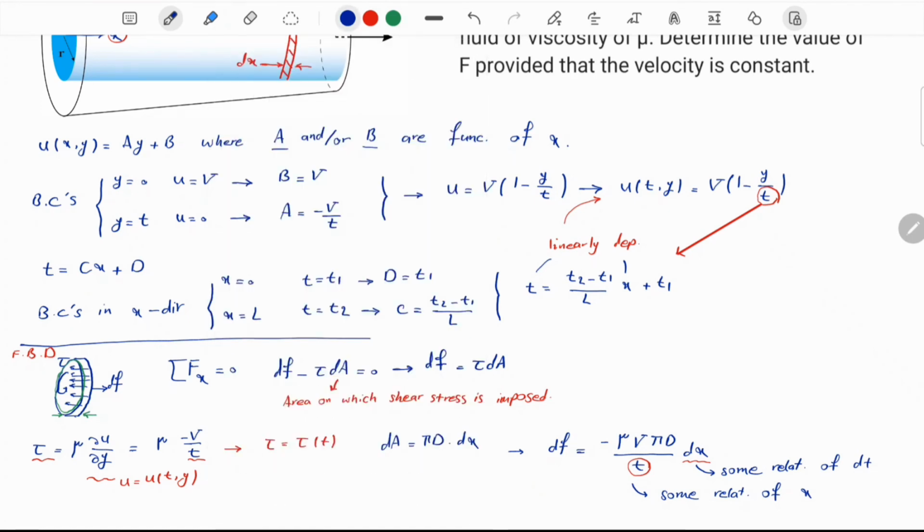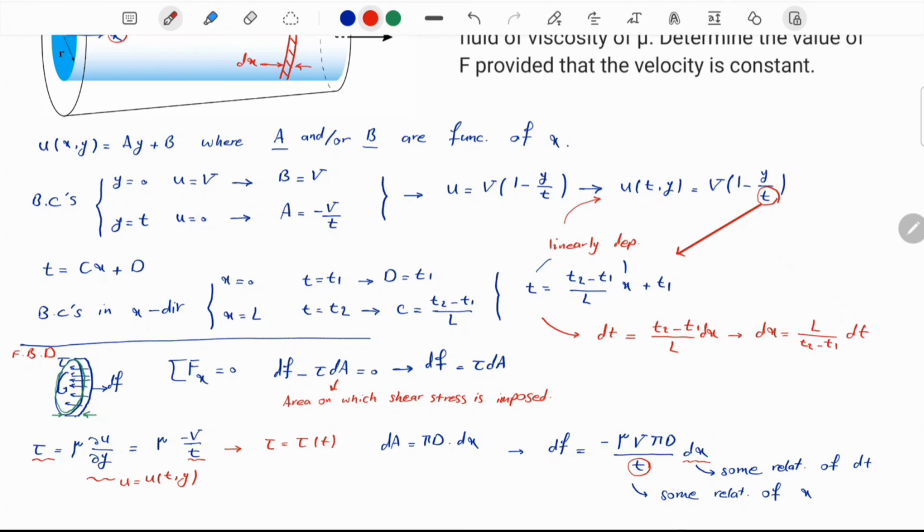I think it's better to replace dx by dt. From this equation, differentiating both sides gives us dt equals t sub 2 minus t sub 1 over L multiplied by dx. And from here, we have dx equals L over t sub 2 minus t sub 1 multiplied by dt.